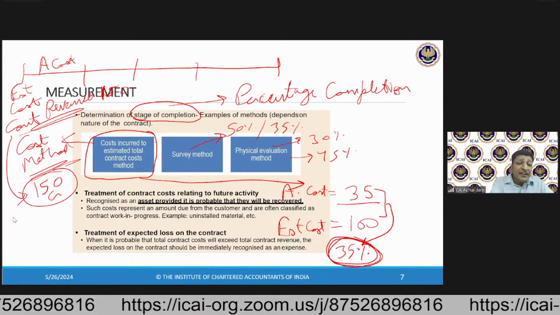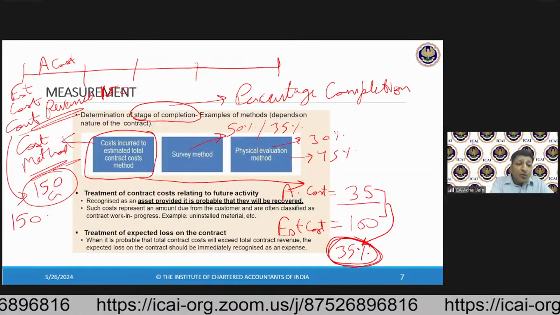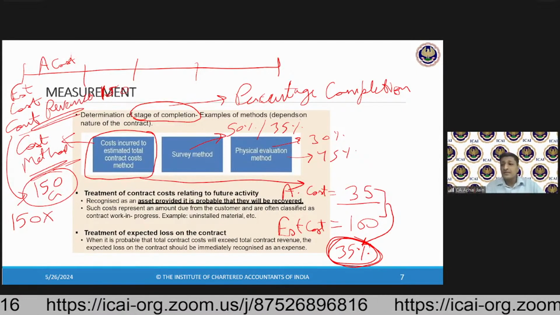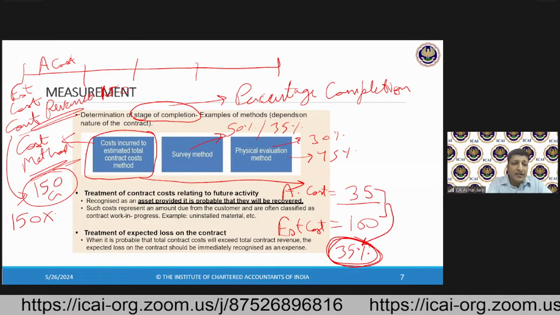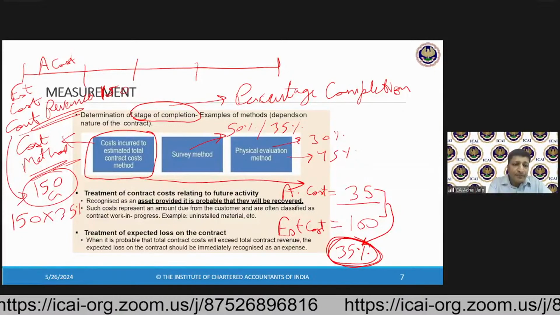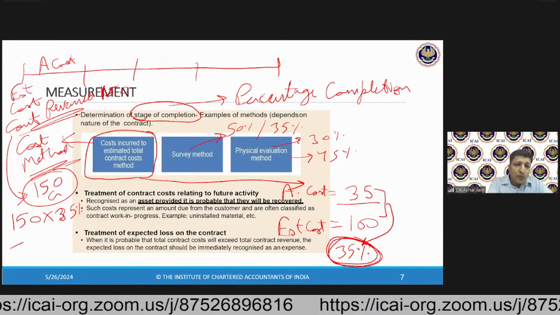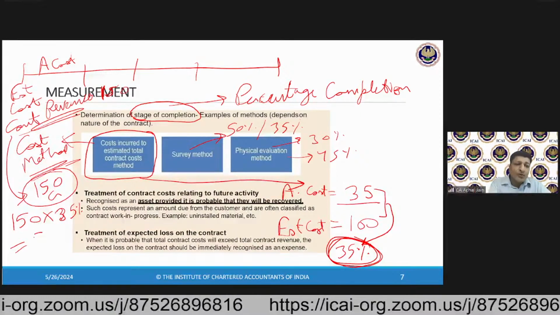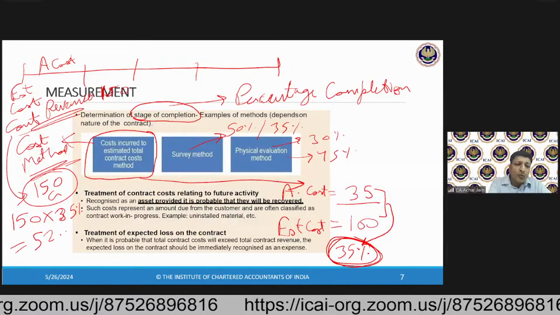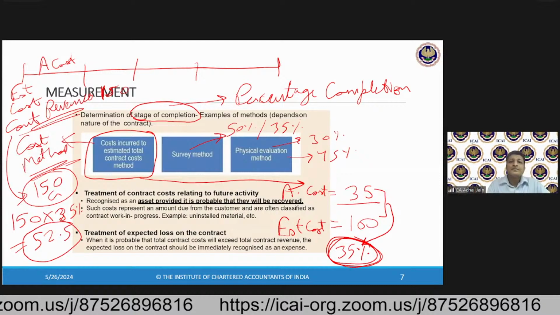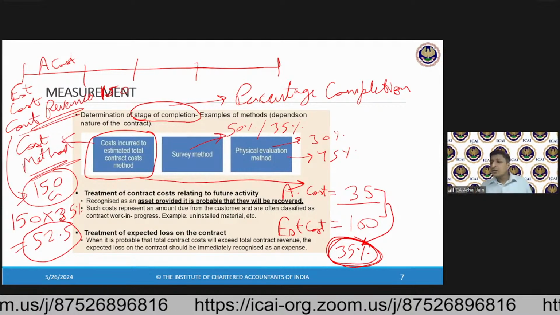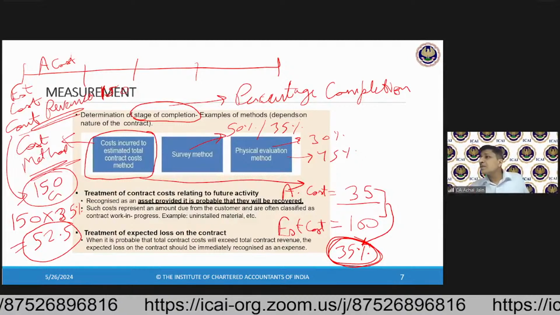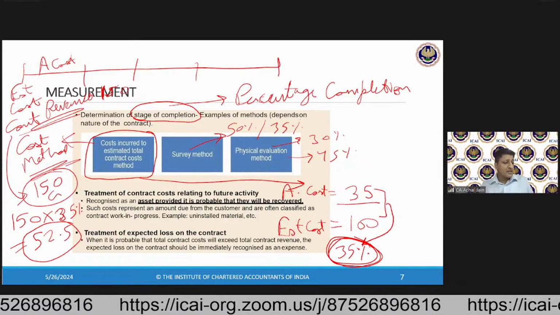It will be 150 crore into the percentage of work completed. So what is the percentage of work completed? 35%. So therefore, what is this amount which the company will recognize as revenue in the first year? 52.5. Yeah, so Ritika, you may revisit your number as to how you got this 47.25. I think the same is the response which I got from Baswant as well.